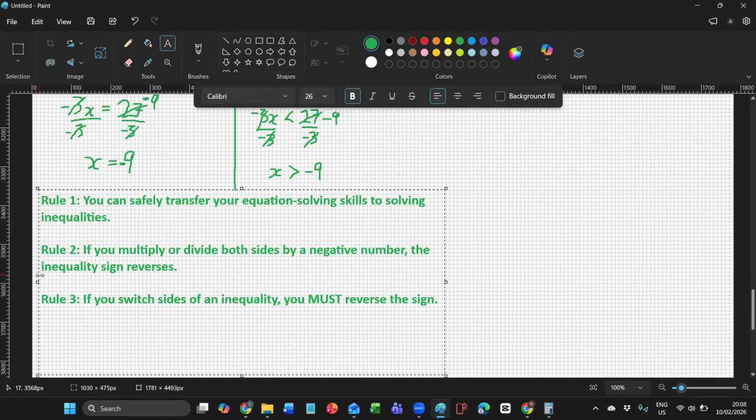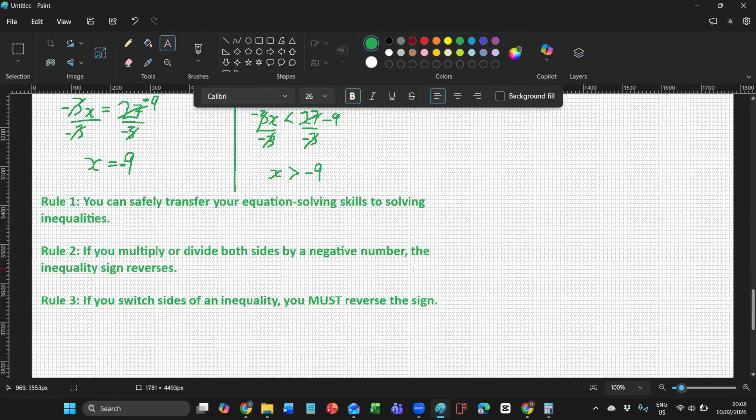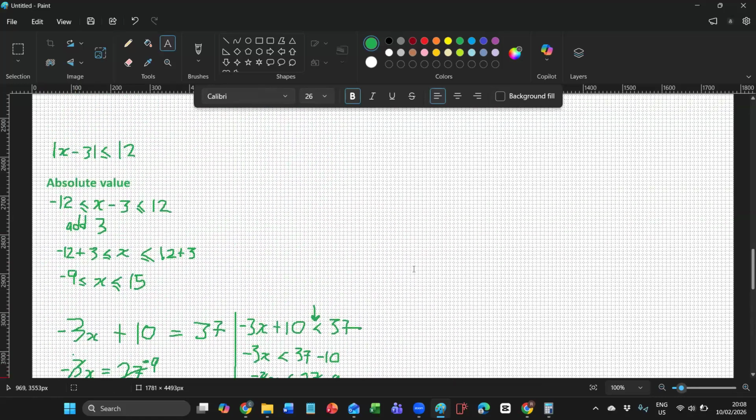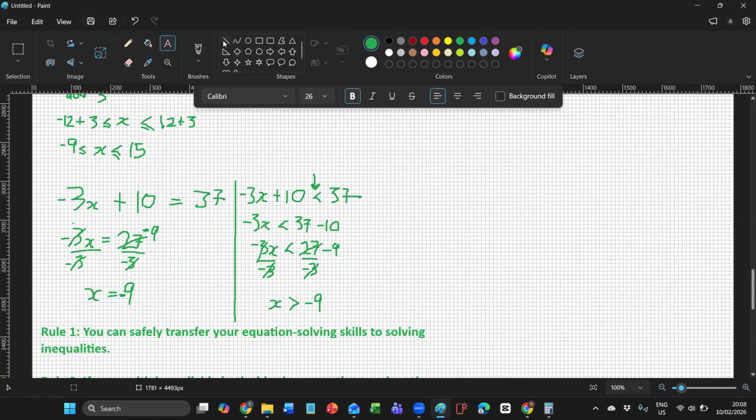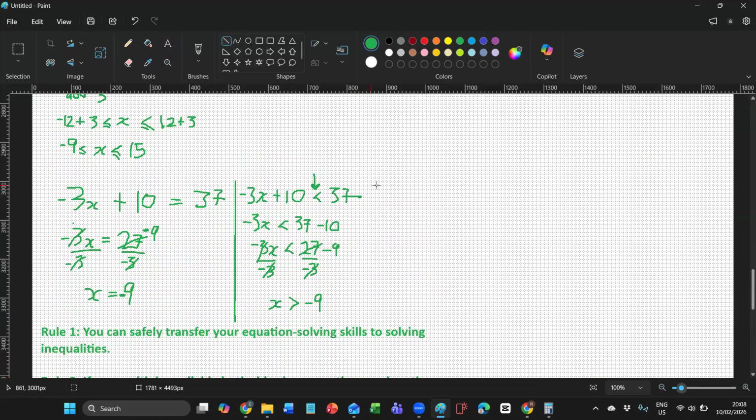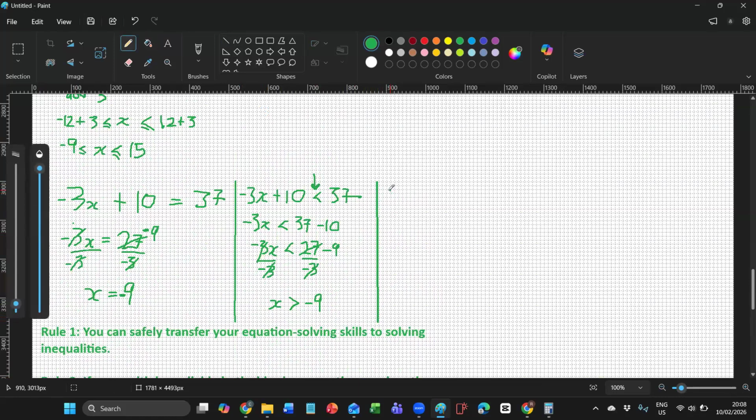Okay, yes, let's do it like this. So I'm just putting them side by side so you can easily reference it whenever you want, like that.